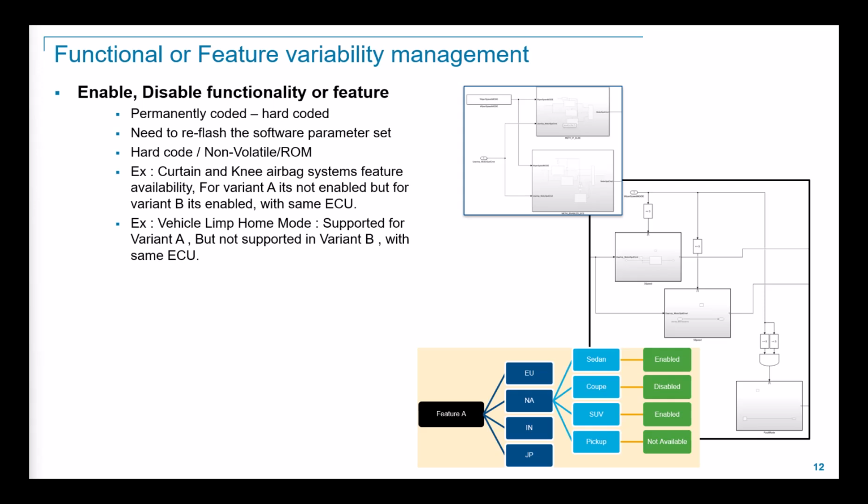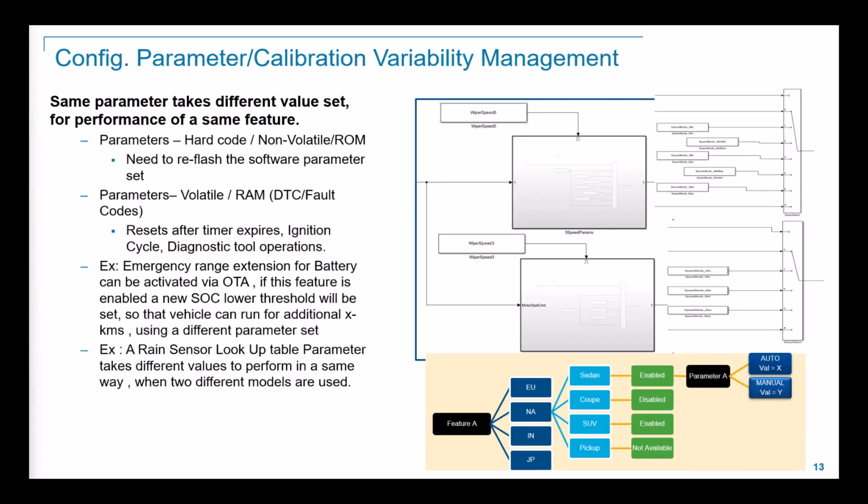Same case with vehicle limp home mode support. This feature is supported for variant A, but not supported for variant B with the same ECU. In such a way, the feature and functional variabilities become complex as the complexity of the vehicle increases. The same parameter can take different value sets for different vehicles, components, or ECUs.